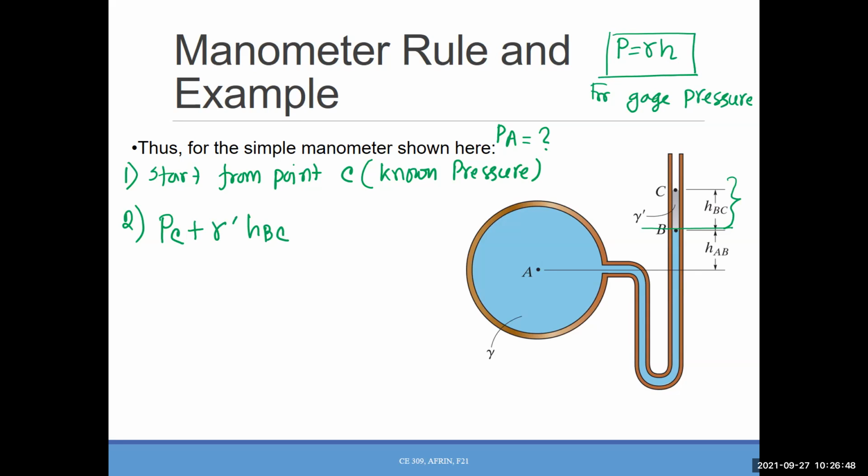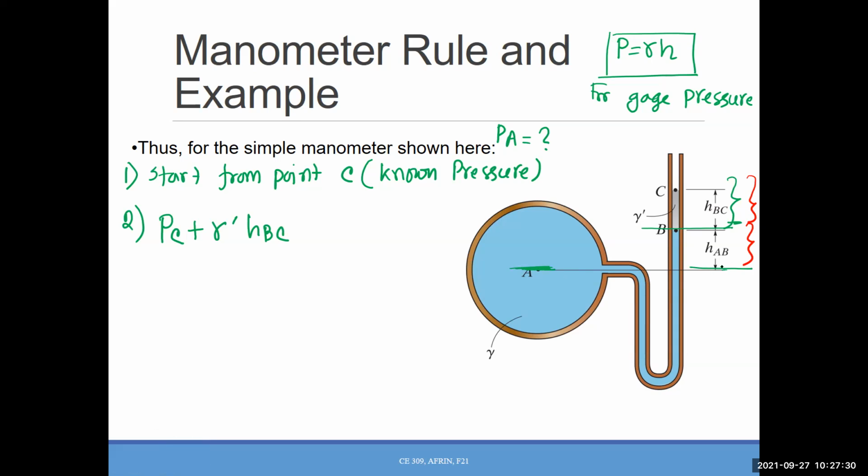Now after B, do we have any other fluid interface here? We don't have any fluid interface, but we need to calculate the pressure at which point? A. So anyhow, we need to go to that point, right? Now from this point to this point, what do you think the pressure will be due to? This and this, right? This time I will add or subtract the pressure term again.